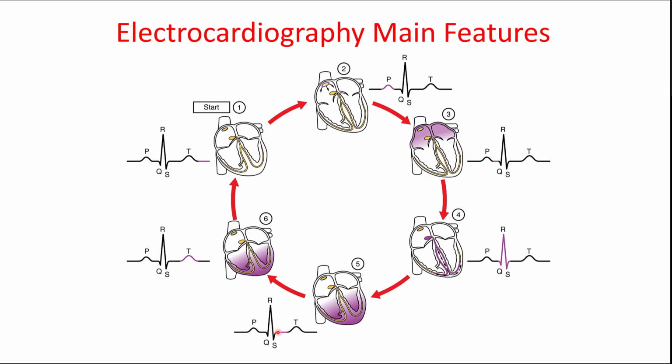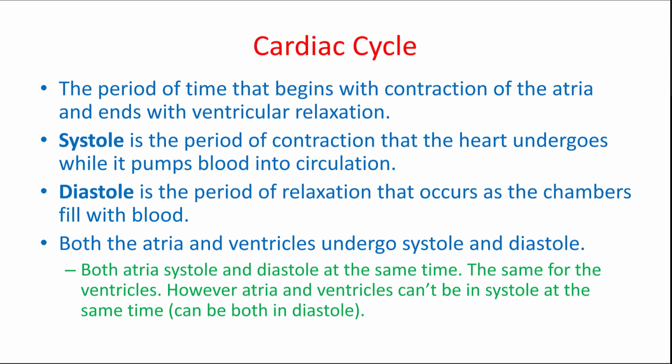Then during the ST segment we have the plateau, so now we have contraction of the ventricle muscles. Then by the end of the T wave, we have complete repolarization of the ventricles, and the ventricles will start to relax, and now they are ready again to start over.